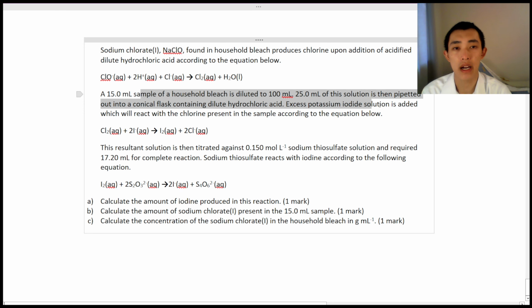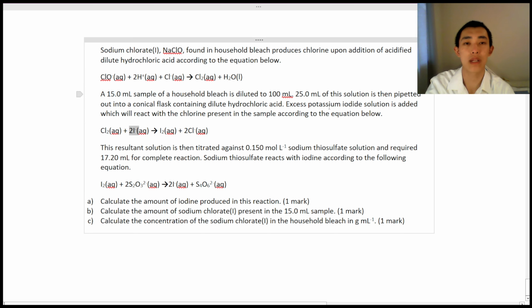Excess potassium iodide is then added, which will react with the chlorine. That's the chlorine we generated in step 1, and that's the iodide we added with the potassium iodide. The potassium doesn't do anything, it's just a spectator ion. It could even be sodium iodide, because the sodium and potassium just don't do anything.